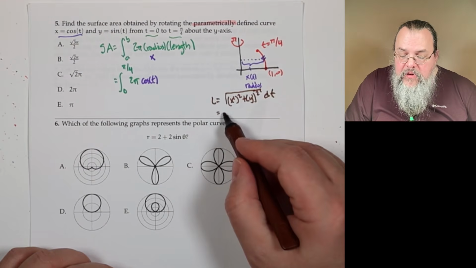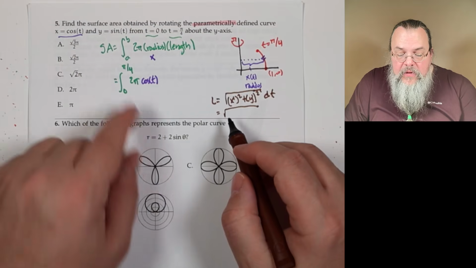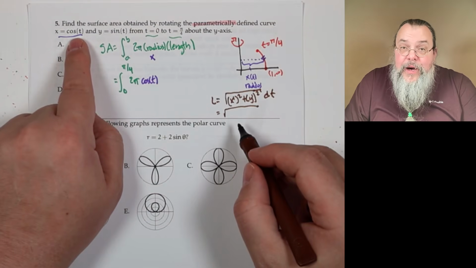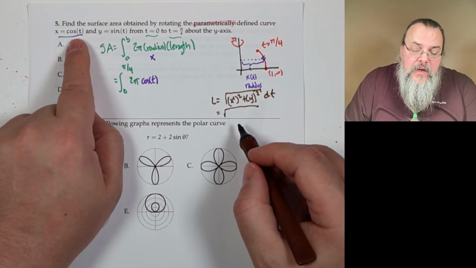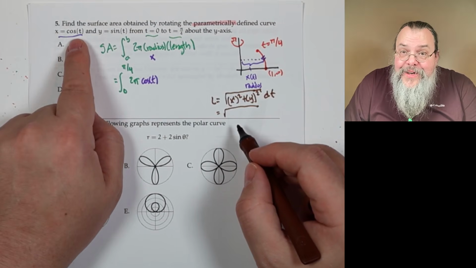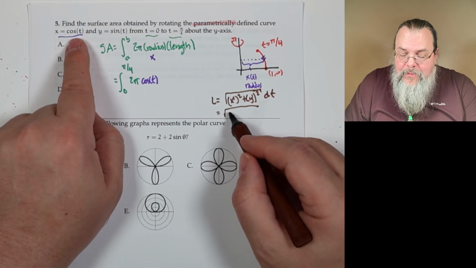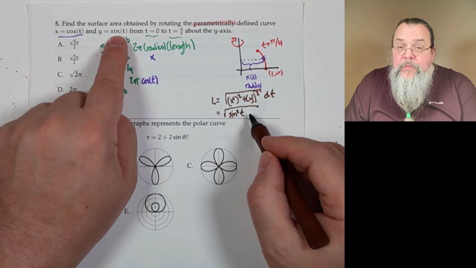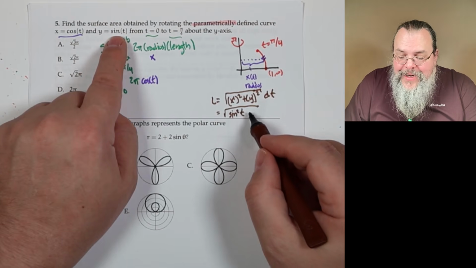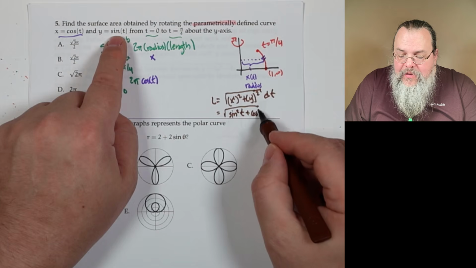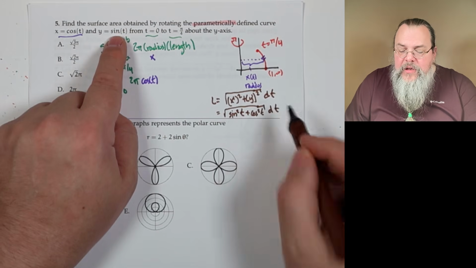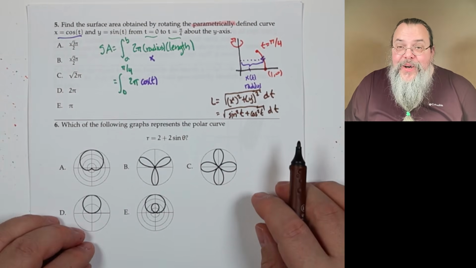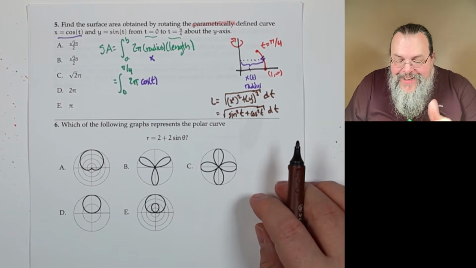Well, for us, this is the square root of x prime squared. Well, x prime would be negative sine, and if you square that, the negative goes away. So sine squared. Y prime, derivative of sine is cosine, and if you square that, you get cosine squared. Now, what's another name for sine squared plus cosine squared? 1.